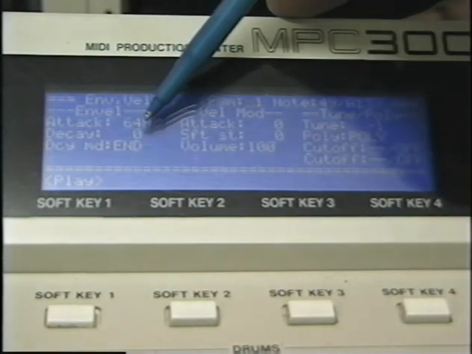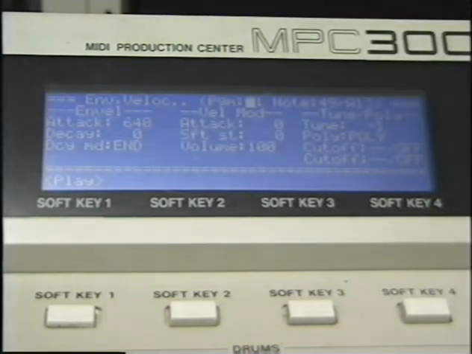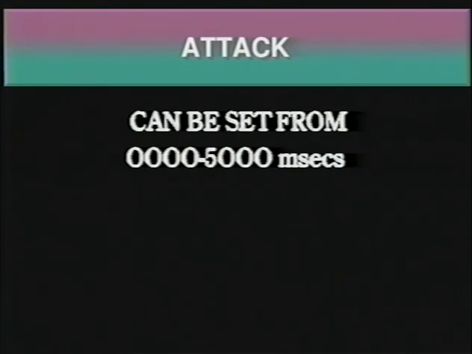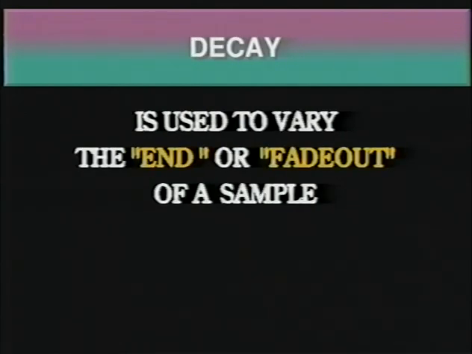Let's look at the envelope section. The attack field is used to vary the envelope or attack time of the sound. This can be set from 0 to 5,000 milliseconds. The decay field is used to vary the envelope's decay time.